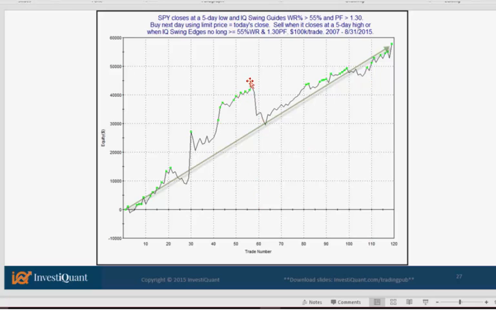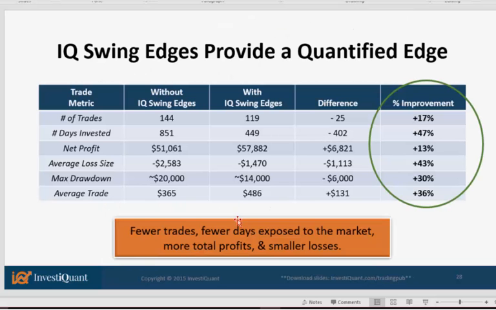There's really only this one tough dip right there, and that got corrected pretty quickly. Looking at a comparison with and without swing edges, you would have had 119 trades instead of 144 trades if you incorporated swing edges data.